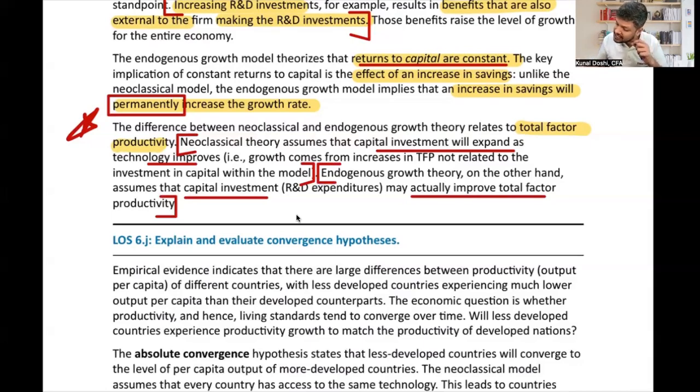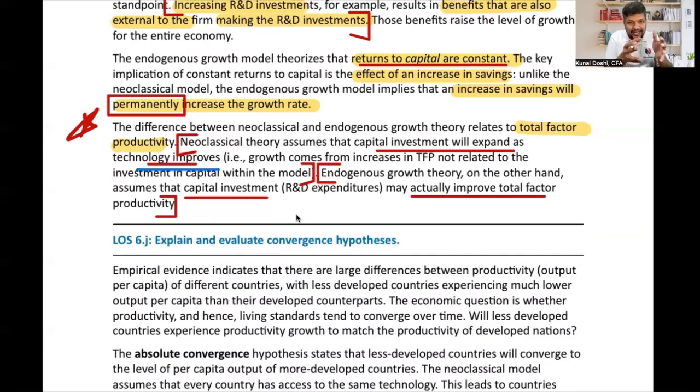That capital investment will expand as the technology improves. So technology will attract capital. That's what neoclassical says. Endogenous says the opposite. Endogenous says that capital investment, especially research and development, will boost the technological progress. So it's the opposite. Understood that difference?